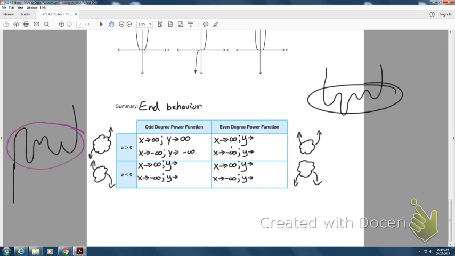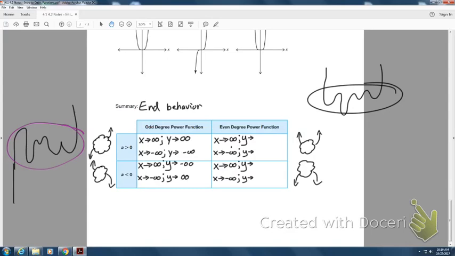On the odd degree when a is negative, as x approaches infinity, is y approaching negative or positive infinity? Negative, because it's going down, correct? As x approaches negative infinity, y is approaching what? Positive infinity.